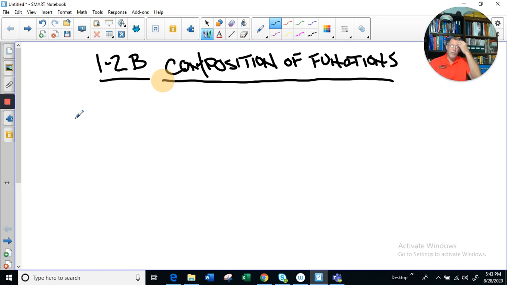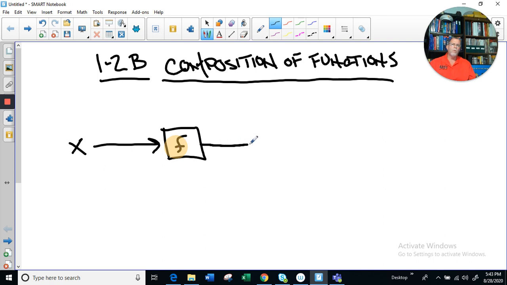When we talk about it in terms of our terminology and our notation, it's like if you had an x, and when we say x, we're talking about a member of the domain, right? An element of the domain that we take and we put into a function. We'll call that function f. If we put it into that function, with our new notation, it doesn't come out changed into a y. I mean, technically, if you have y as a function of x, it does. But what we want to think of it as is it comes out as f of x, the function value at x.